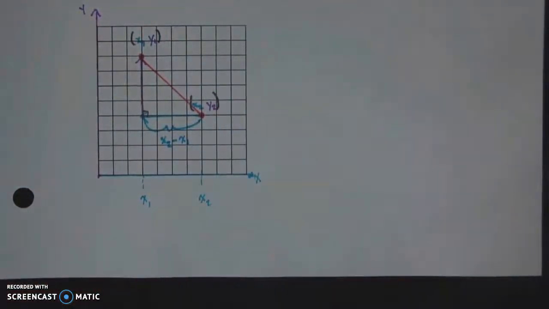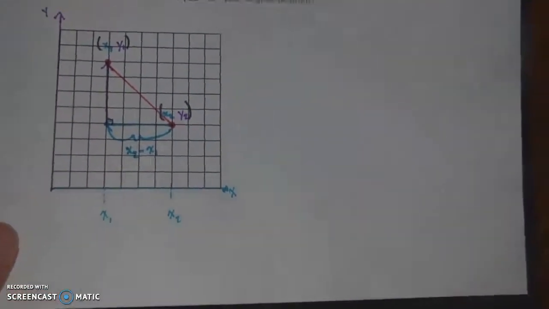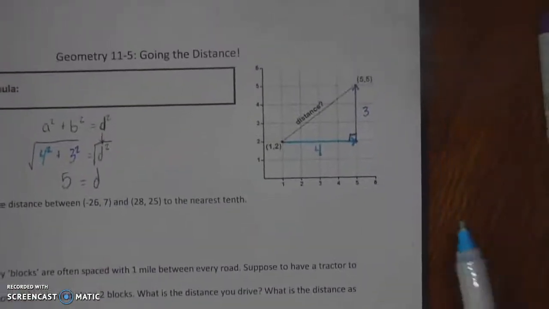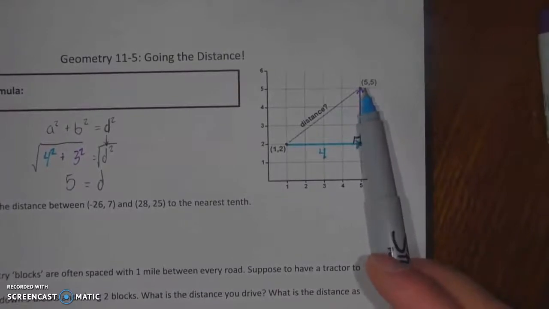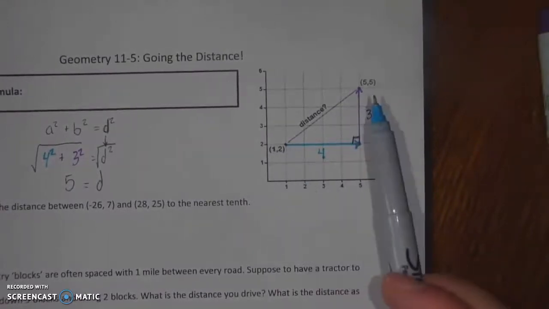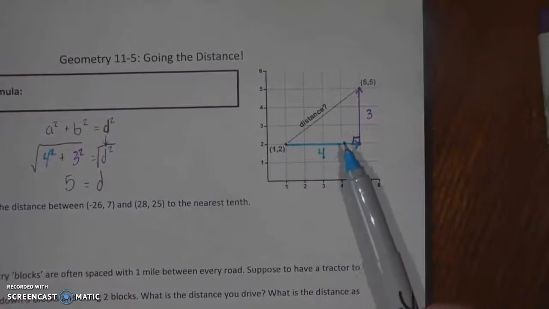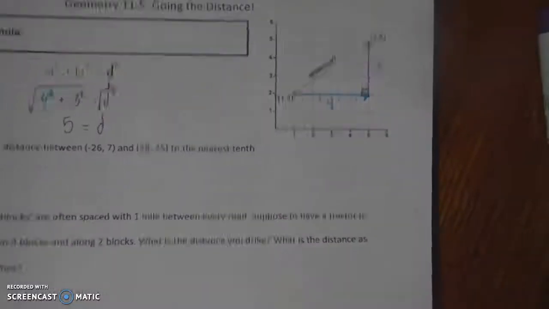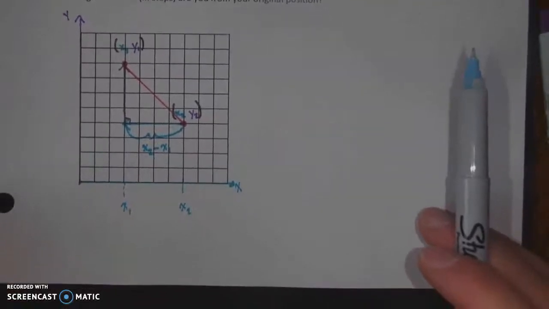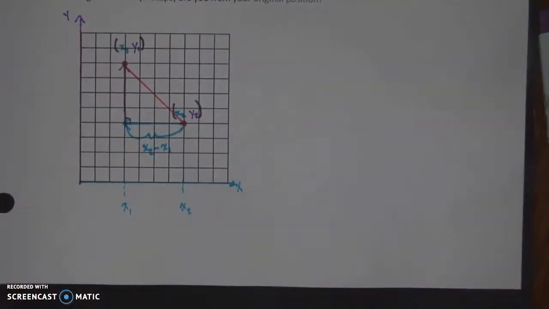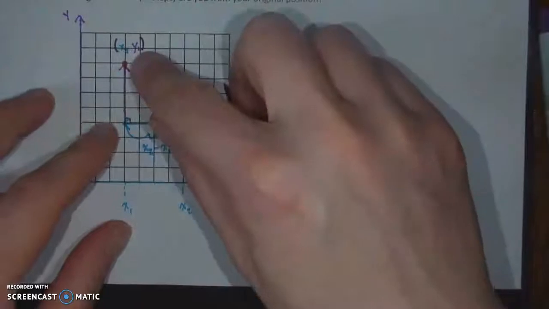And you could see in our previous problem, that would work, our x2 minus x1. So when we're looking up here, my x2 would be 5, my x1 is 1, and 5 minus 1 is the distance I've gone over, 4. Let's do the same thing with y. When I look at my y, I'm talking about how far did I go up.